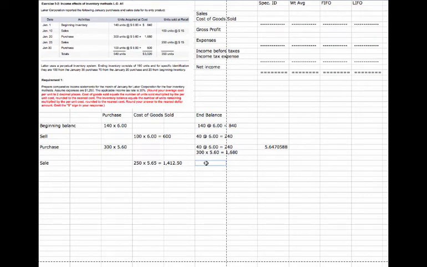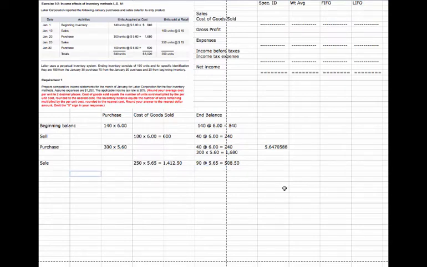So therefore, I have 90 left at my new cost of $5.65. And that is $508.50, which is my ending inventory at this point.